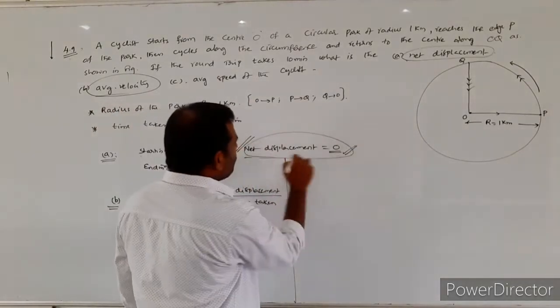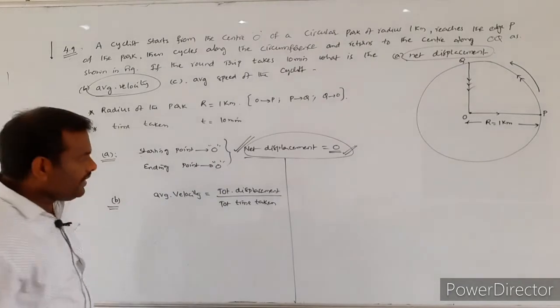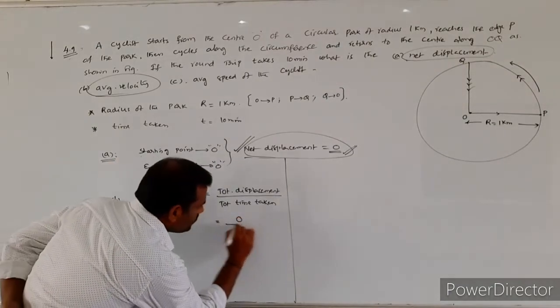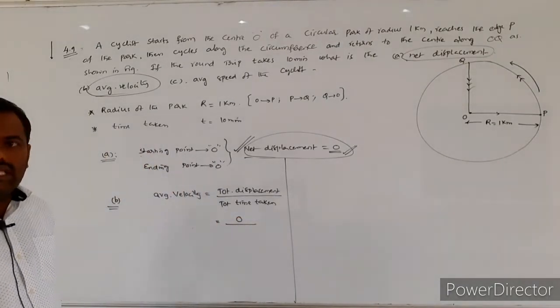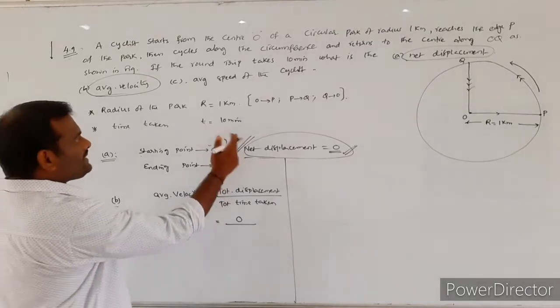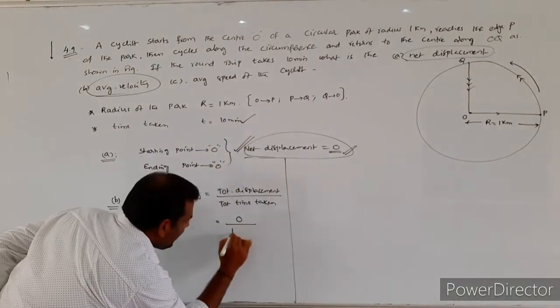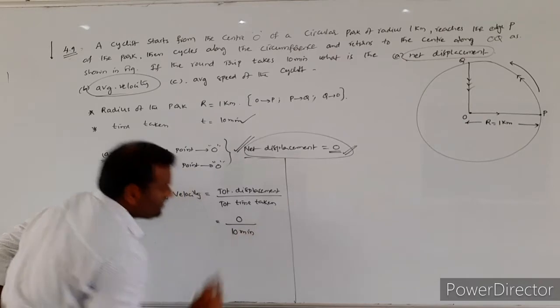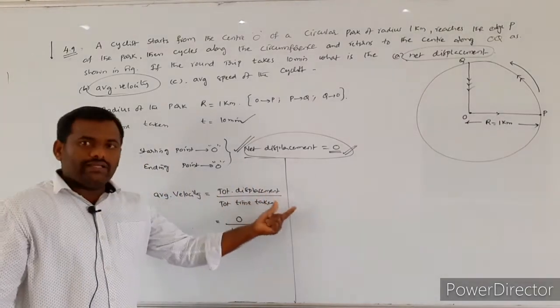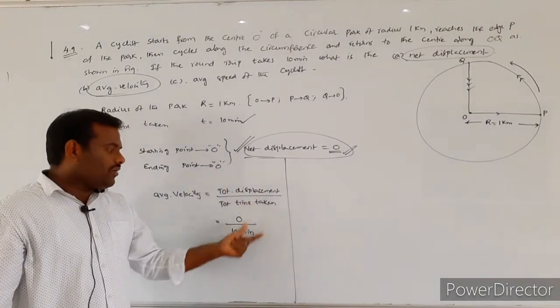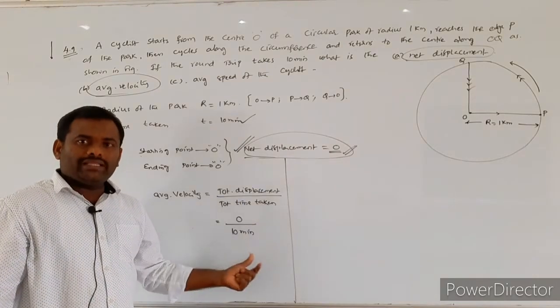Here you have the value of total displacement. What is the total displacement value? 0. And the time taken is 10 minutes. 0 divided by anything is 0.